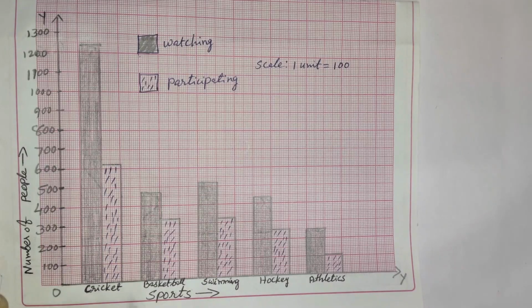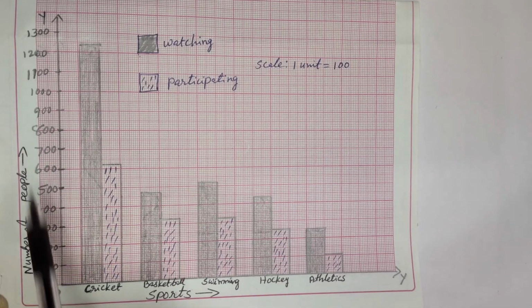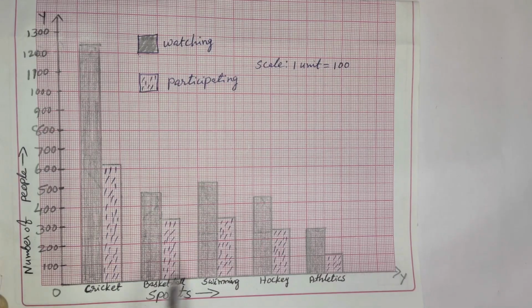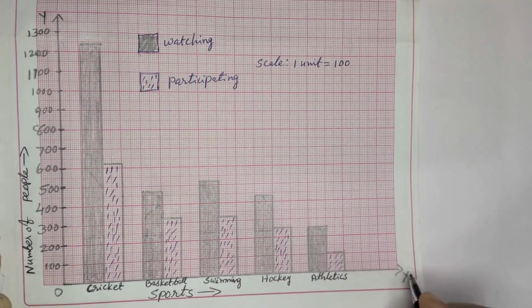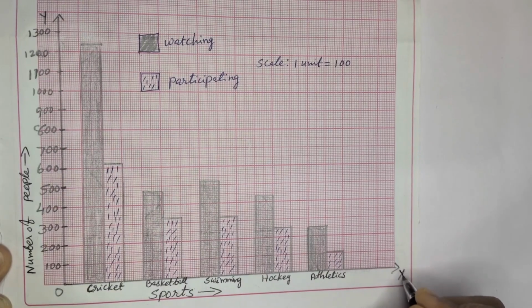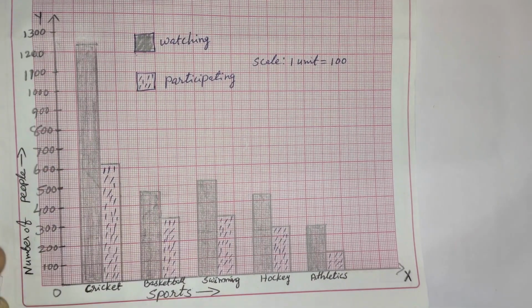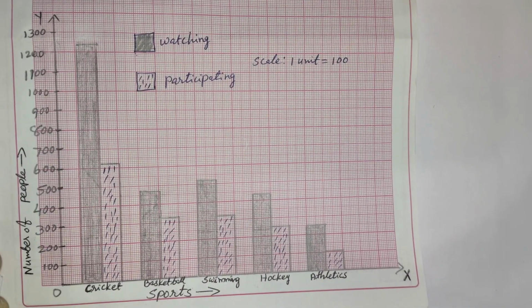This is the double bar graph representing favorite sports. Here on OX representing sports and OY representing number of people. X, Y, here 0.